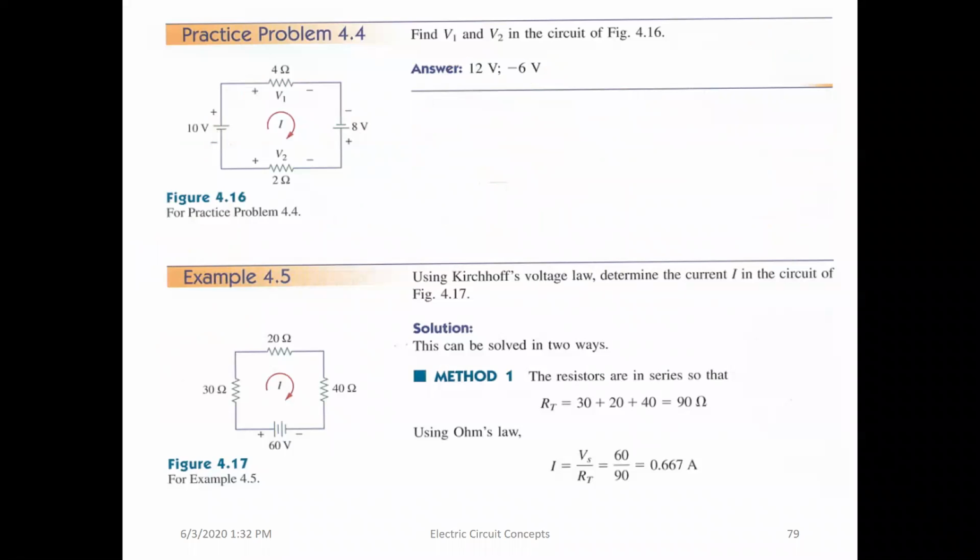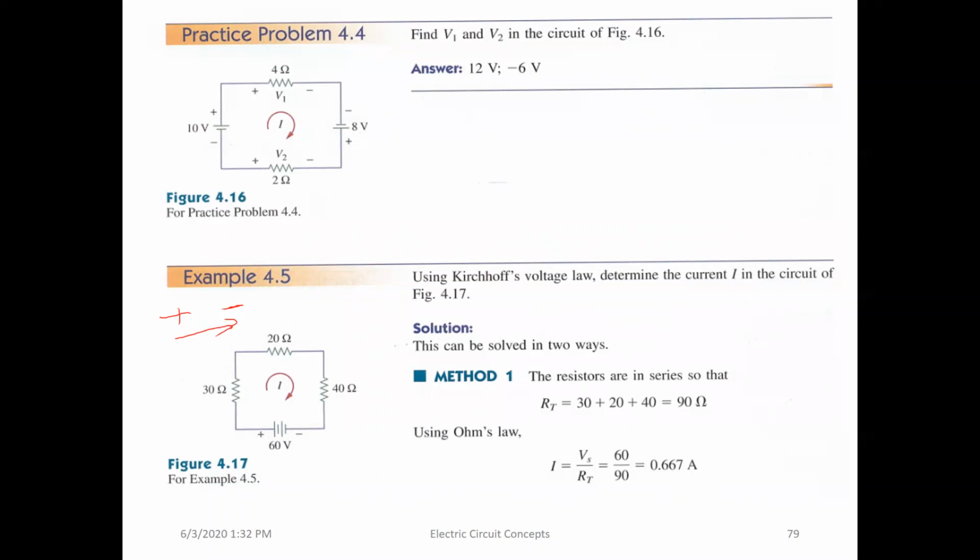Okay, in this example, the difference between this example and the previous one is we are not given the polarities of the resistances. Okay, here's how we determine the polarity. Now, we know by definition that the current always goes from a positive, from a high voltage, to a negative.